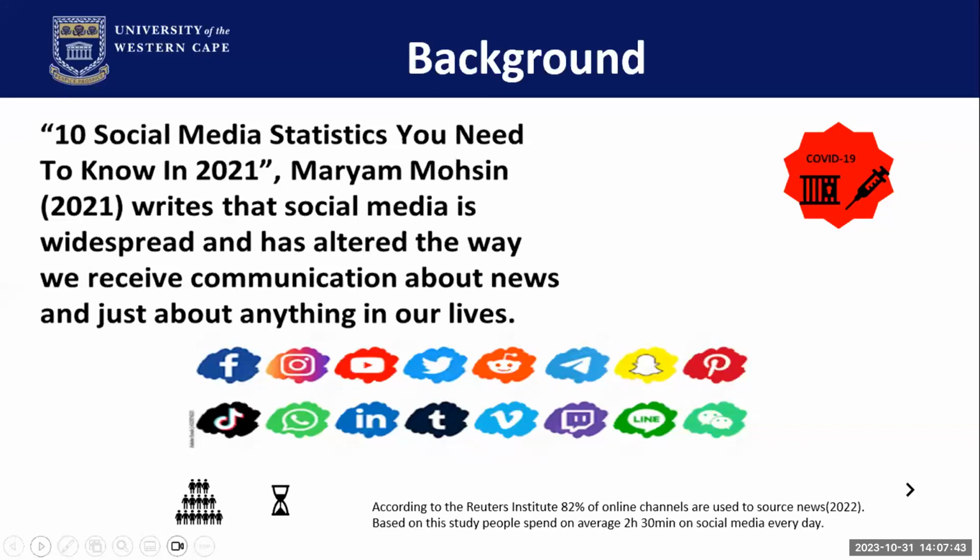As a result, according to Reuters Institute, online channels were used to source news for 82% of the channels that were available. And this meant that instead of the traditional way of sourcing news via either news media or, for example, traditional newspapers, online and digital platforms were used instead. And based on the study, on average, people spent about 2 hours and 30 minutes on social media every day.